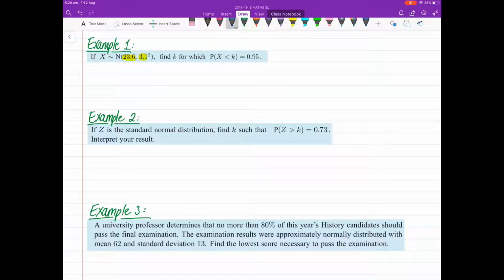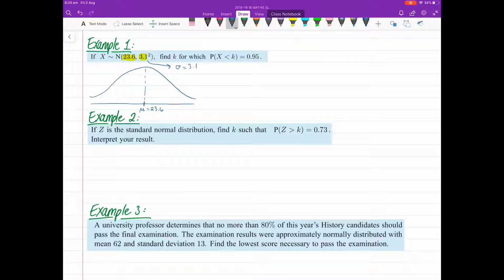What that means is you should always draw a little sketch to help you visualize what's happening. So if I have a normal distribution, it's telling me the mean, symbol mu, is 23.6. Standard deviation is 3.1, so sigma is 3.1.